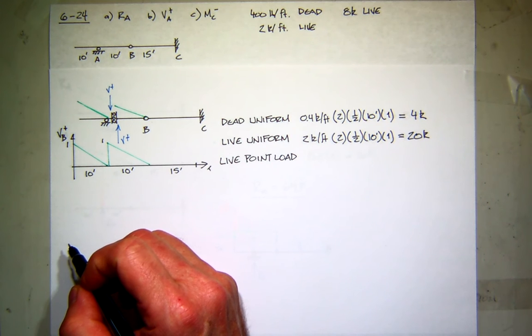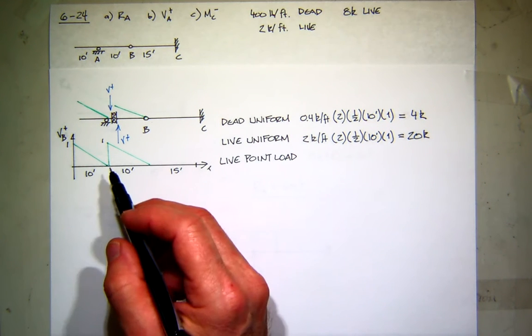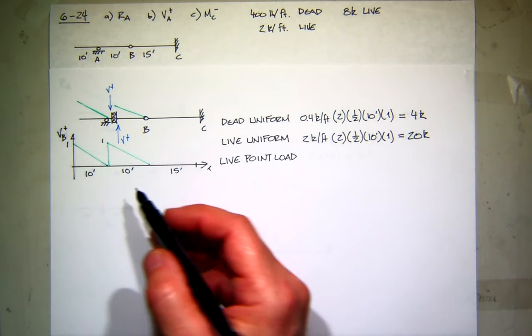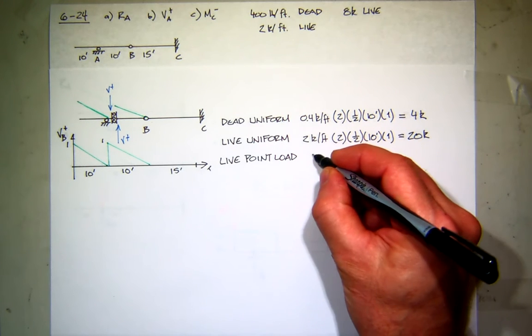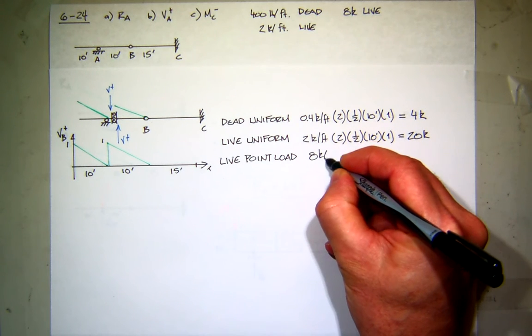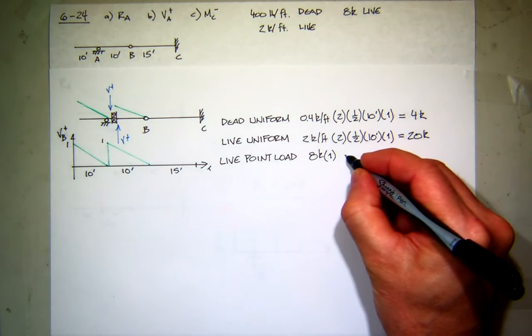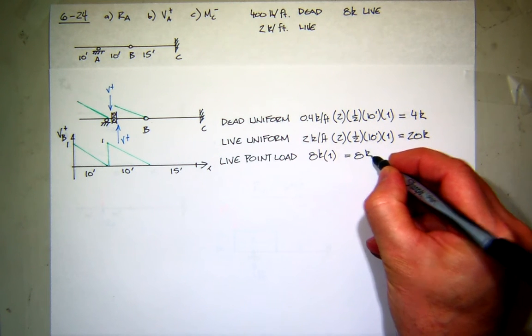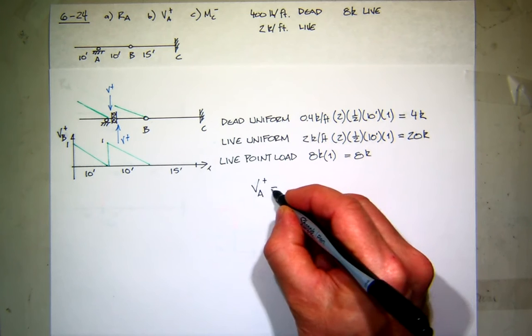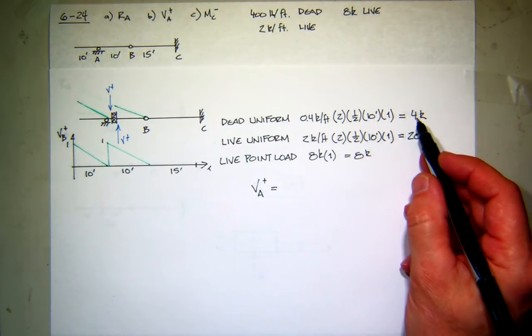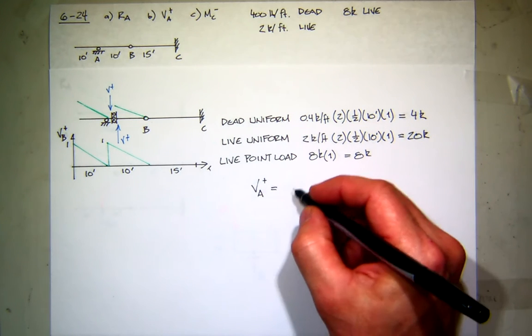Either way, it doesn't really matter which one. You can't have both. You pick one. But either way, they both have an ordinate value of 1. So it would still be 8 kips times 1, and that would give me 8 kips. So the maximum shear just to the right of A is going to be 24 plus 8 is 32.